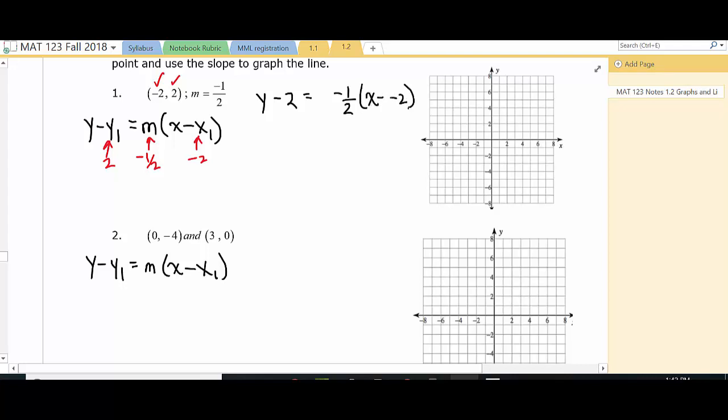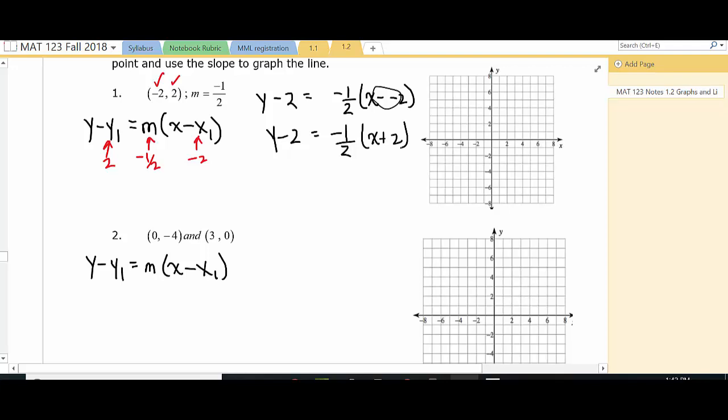A lot of you made that mistake. You're subtracting from the formula a negative. Now, when you see a minus minus, you need to immediately change that to a plus. So that thing right there, change it to a plus. So you'd have y minus 2 equals negative 1/2 x plus 2, like that.